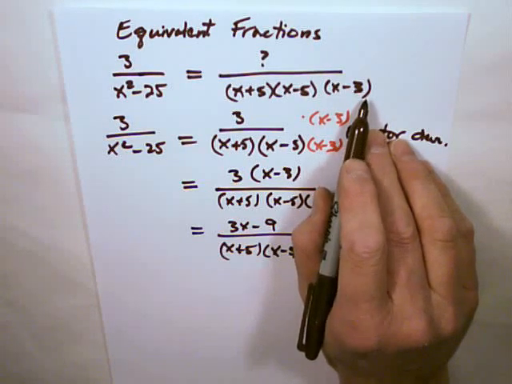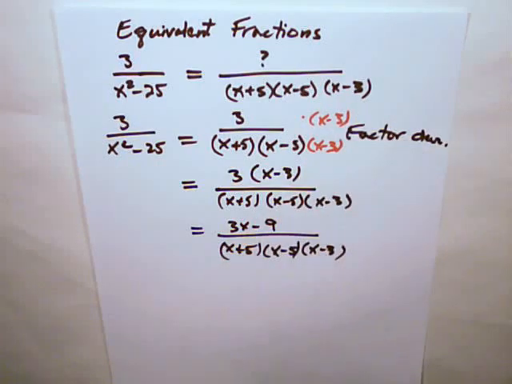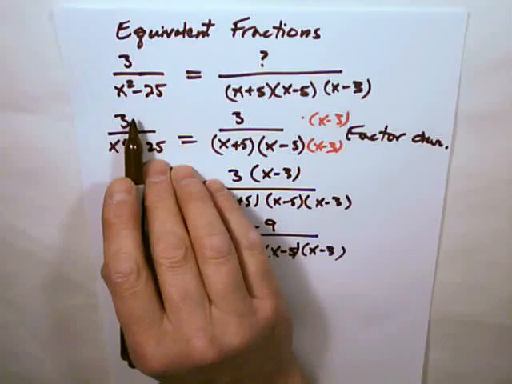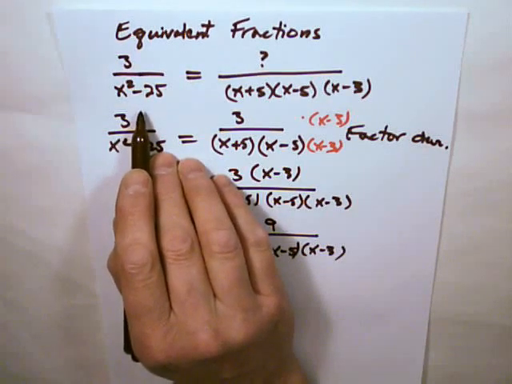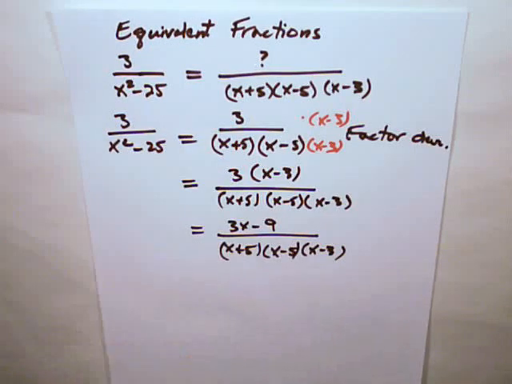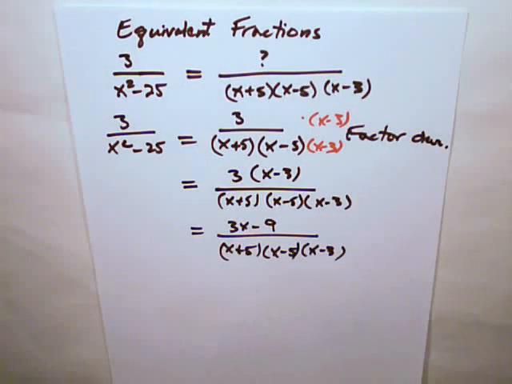You can make it be any denominator you want, and that's the key. That's what we're going to use when we start talking about combining, that is, adding or subtracting rational expressions when the denominators are not equal to each other. Okay, and check out the next example to see how we do that.